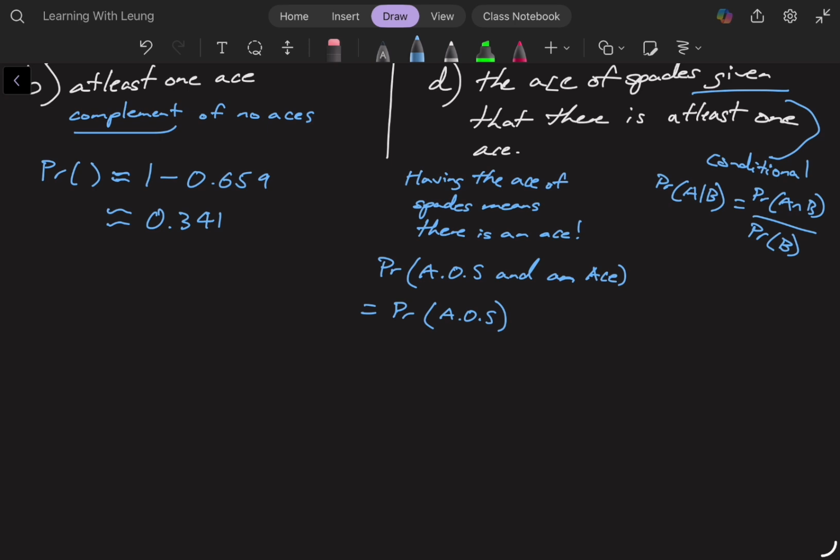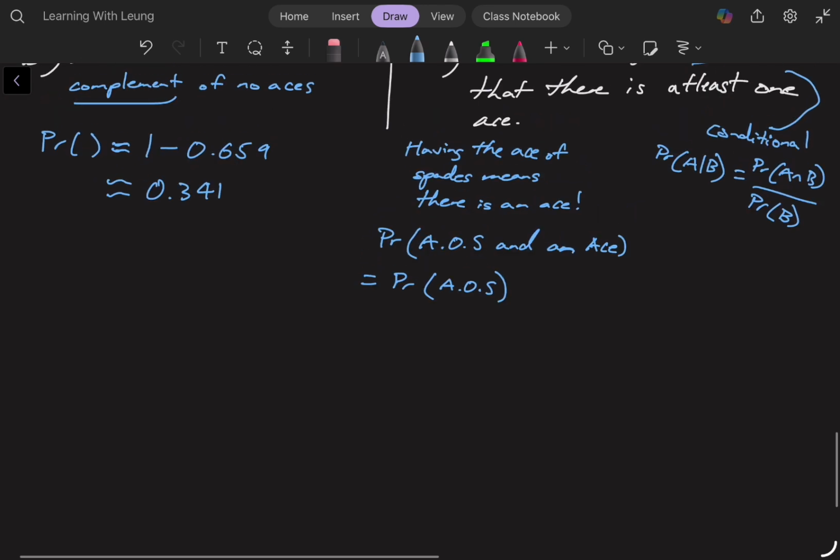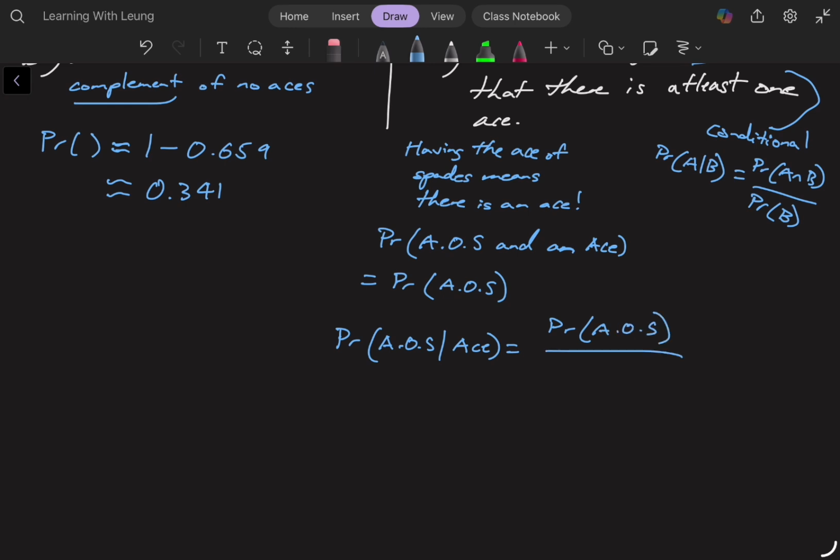That is, we're not saying that you have to have more. In fact, the only way to get the ace of spades and an ace is to have the ace of spades, right? So now we can actually use our conditional probability formula, and we can say the probability of getting the ace of spades given an ace is equal to, we just said that the intersection is just the probability of getting the ace of spades. So the probability of getting the ace of spades over the probability of an ace.